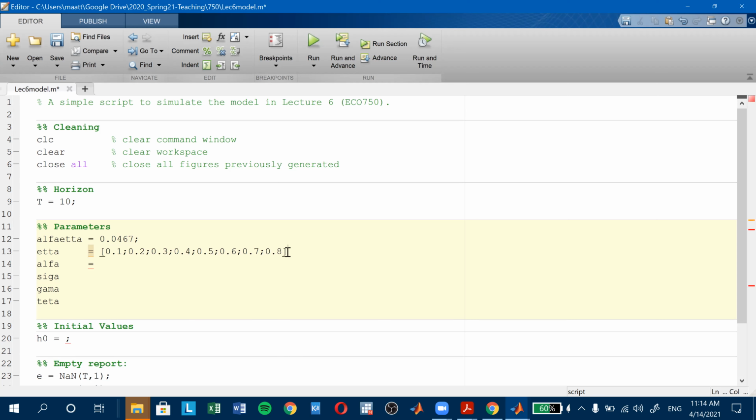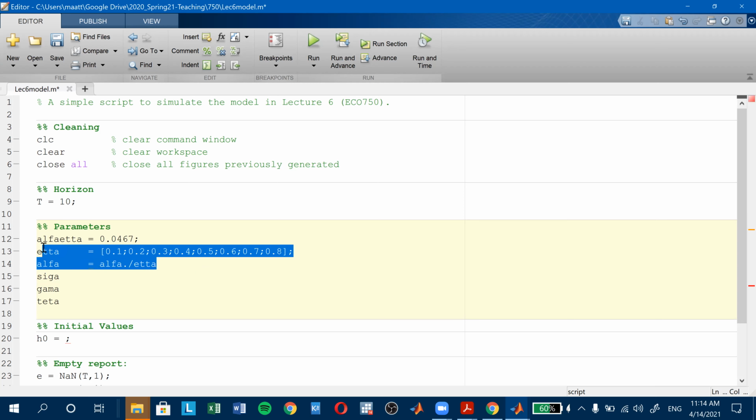So this now is a vector. Then what is alpha equal to? Alpha is equal to alpha eta divided by eta.